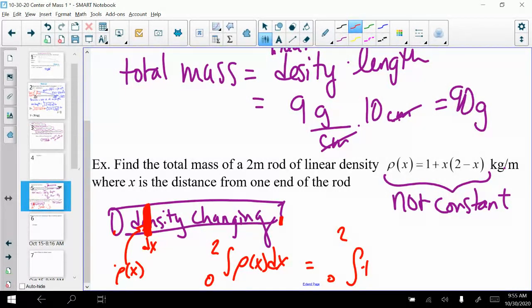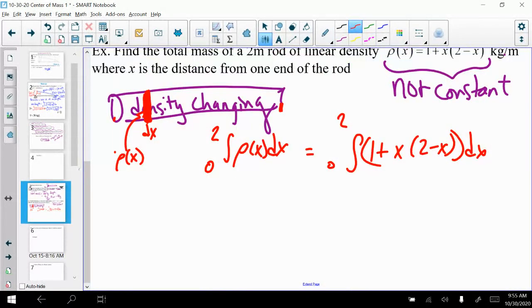1 plus x, 2 minus x, dx. So the whole point of these problems, and the whole reason why I had us do these problems, is I wanted to introduce this idea that if we take our density and multiply it by a length, if it's a linear density, or whatever it'll depend on our units, our density times something can give us our mass.